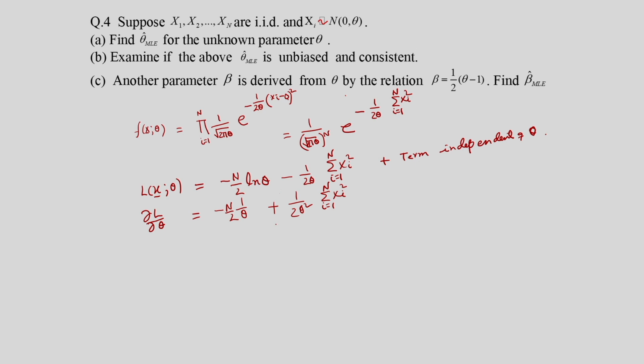Now, for the maximum likelihood estimator, del L del theta at theta hat MLE is equal to 0. Putting theta hat MLE here, we will get that theta hat MLE is equal to 1 by n summation xi square, i going from 1 to n. So, this is the maximum likelihood estimator for theta.